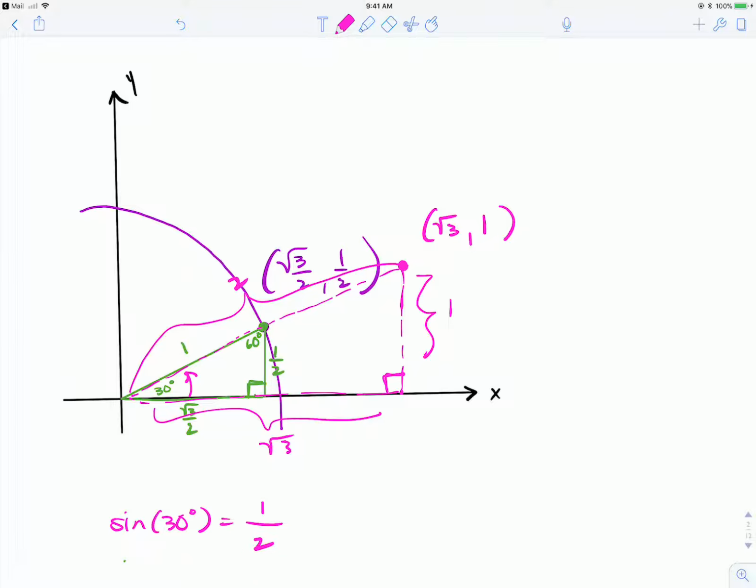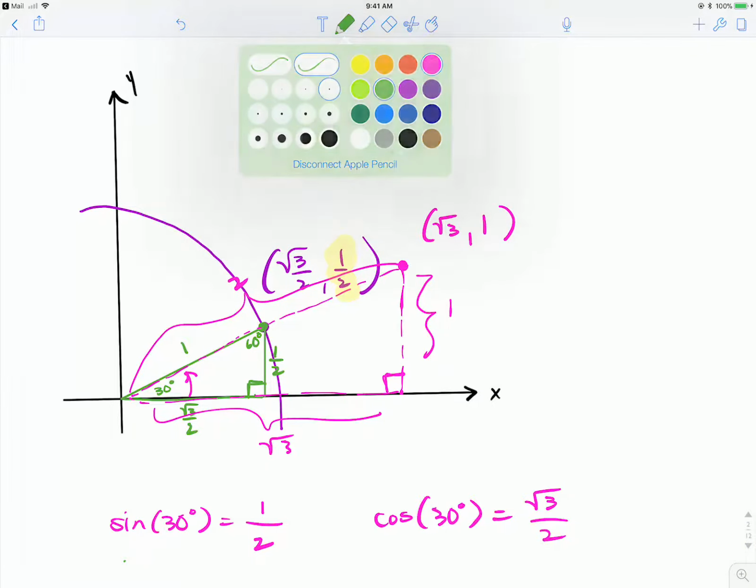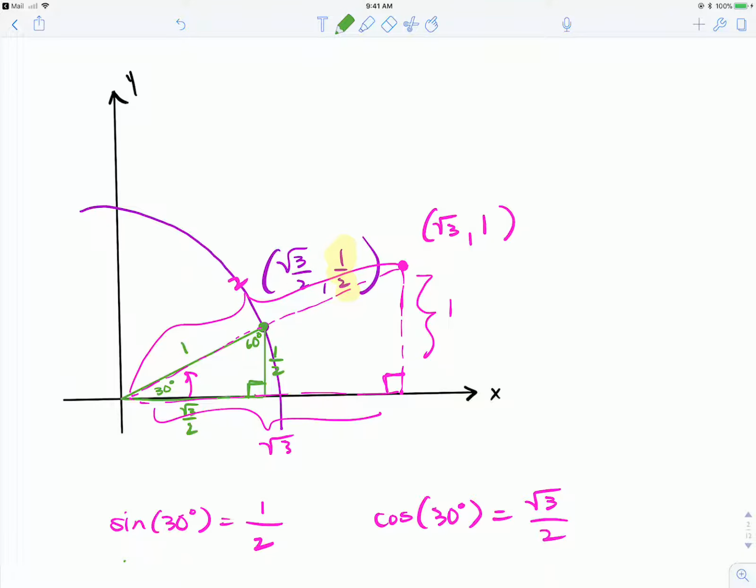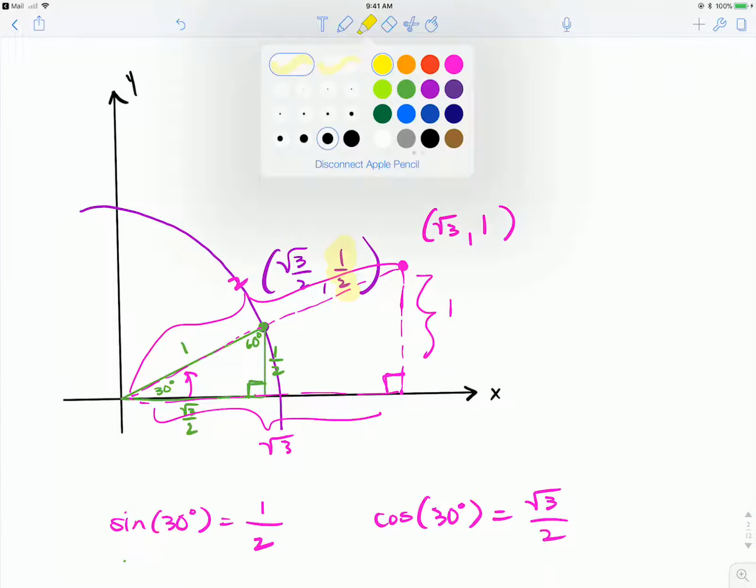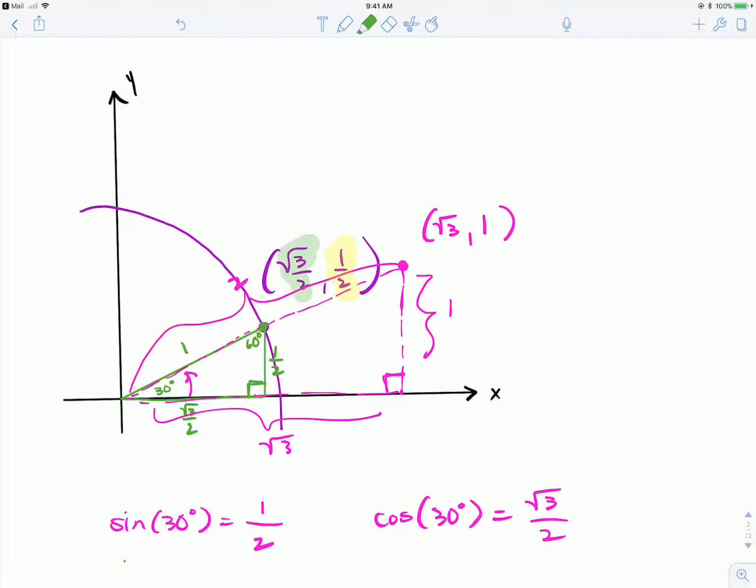So we'd get 1/2, which we know is also the y value on the unit circle. Or cosine of 30 degrees would be adjacent over hypotenuse, so that would be root 3 over the hypotenuse of 2, which we know is also the x value on the unit circle.